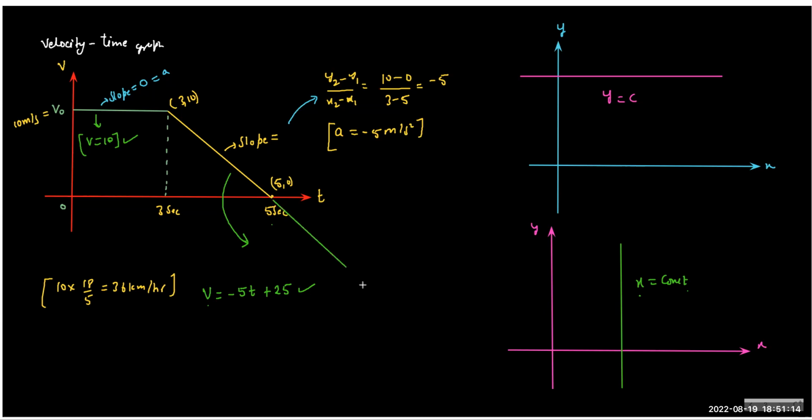I'll just change the color. So if acceleration continues, this graph will not stop, or rather it will continue in the negative direction. And therefore, what will happen? The negative value of velocity, because it's below the axis, represents what?